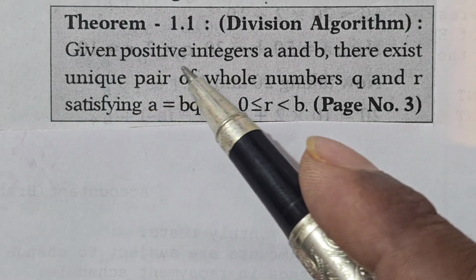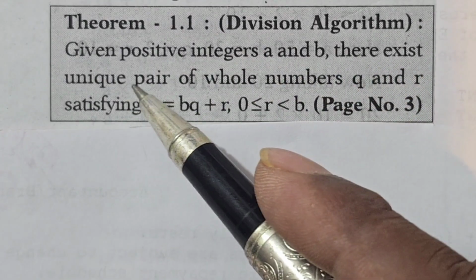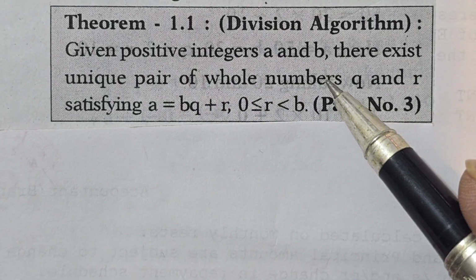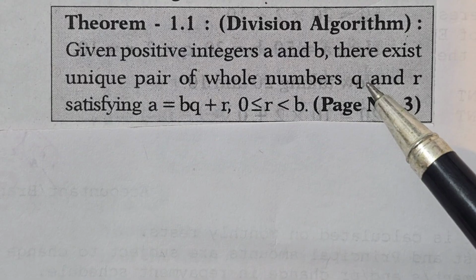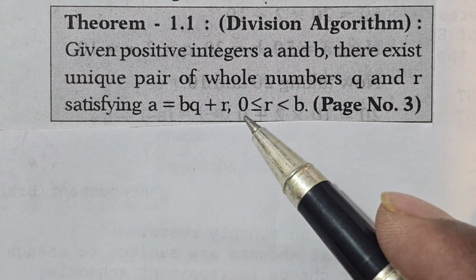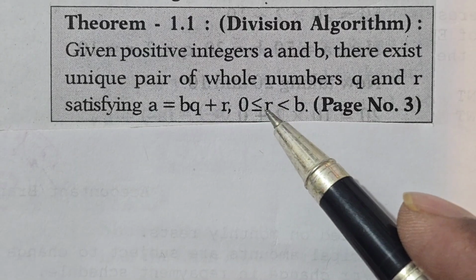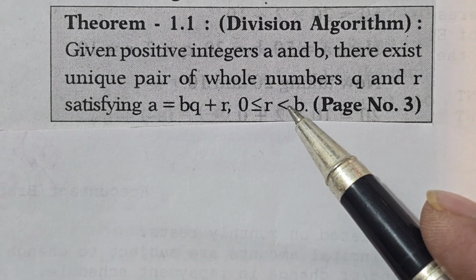Given positive integers a and b, there exists a unique pair of whole numbers q and r, satisfying a equal to bq plus r and 0 less than or equal to r less than b, not less than or equal to b. We should write only less than b.